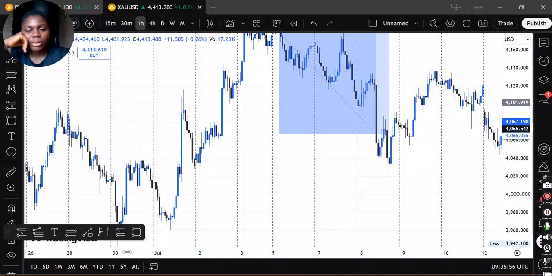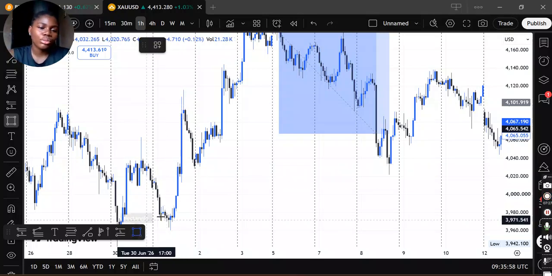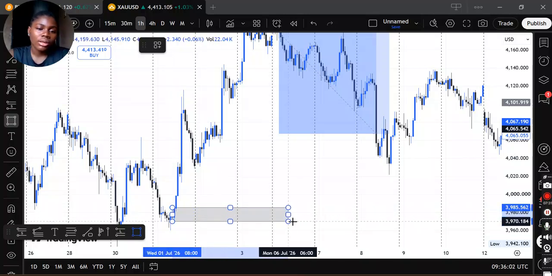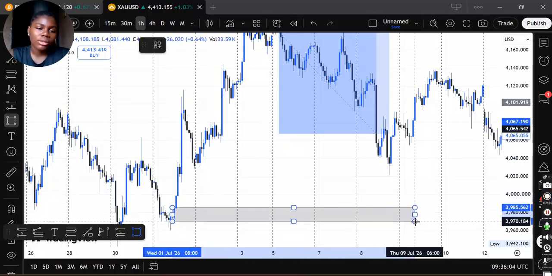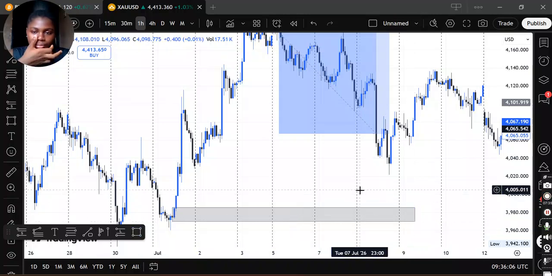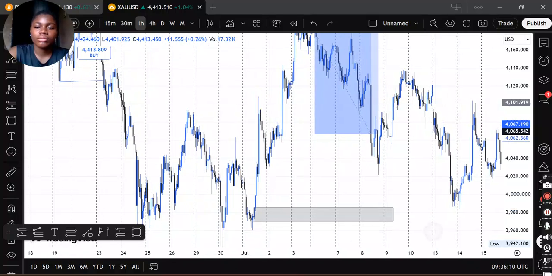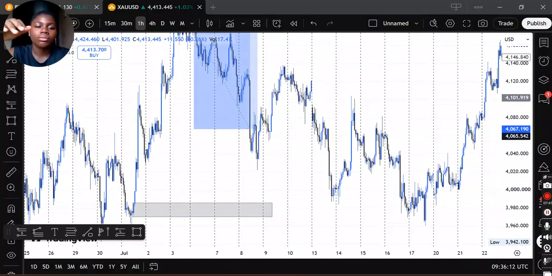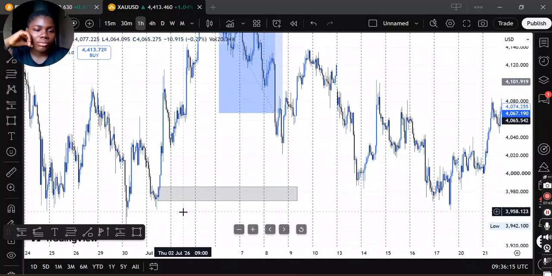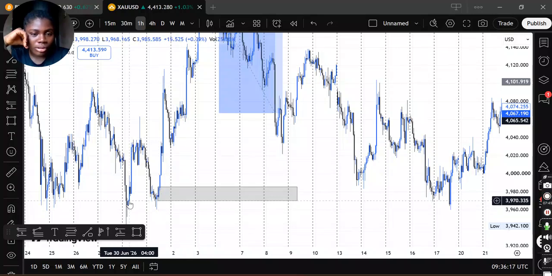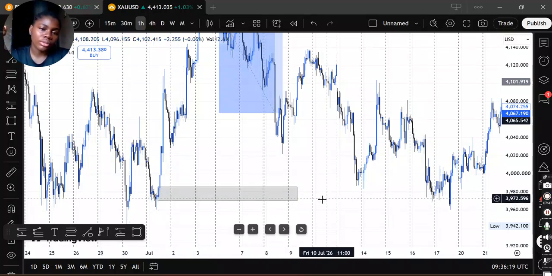Now we have another block here. Not all order blocks get mitigated all the time. There's another block here. Even still, there's also another here, but price got into that one.